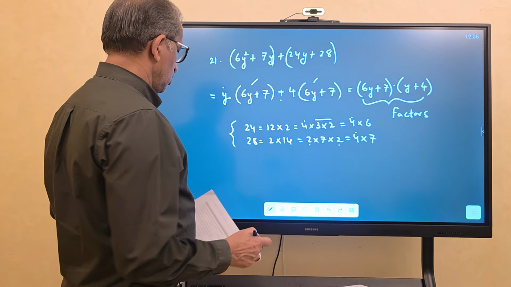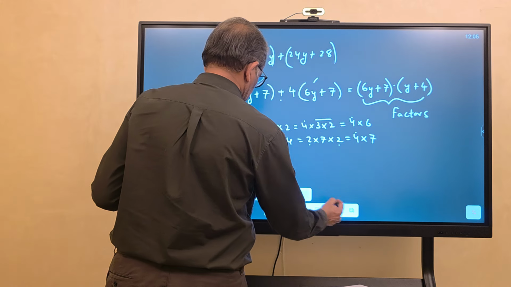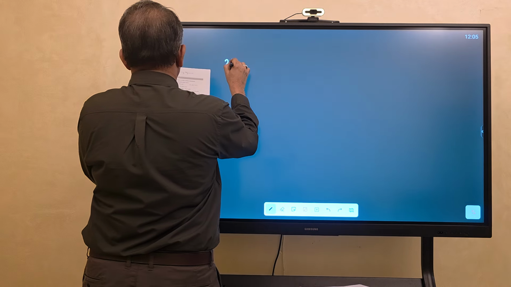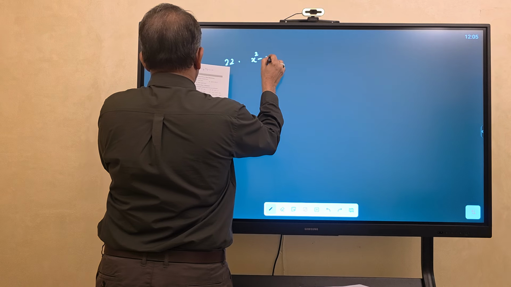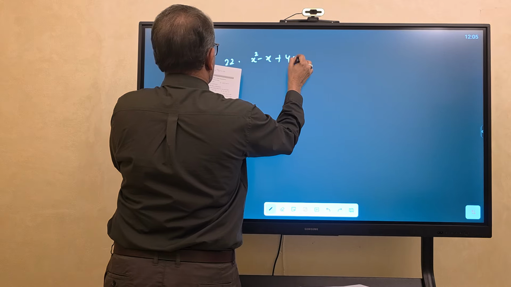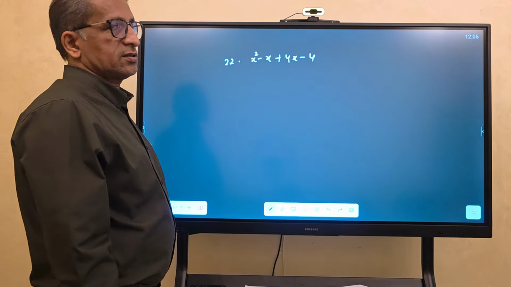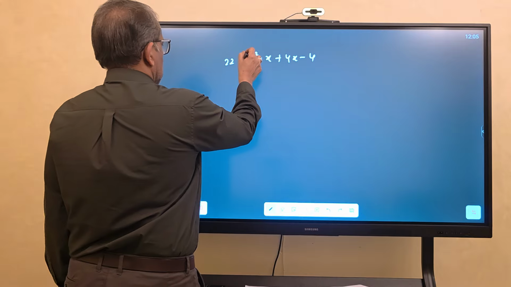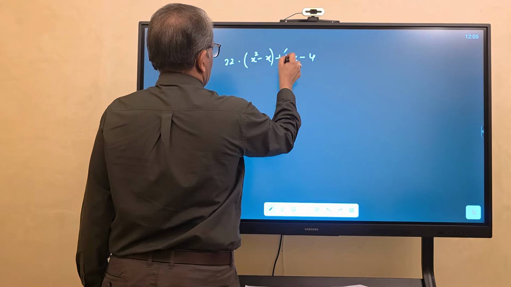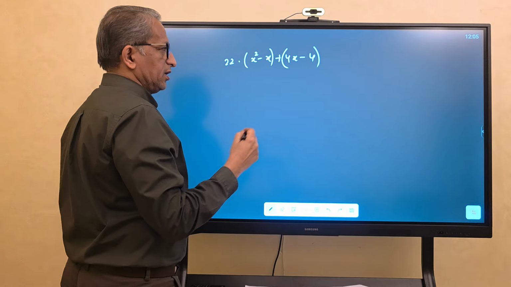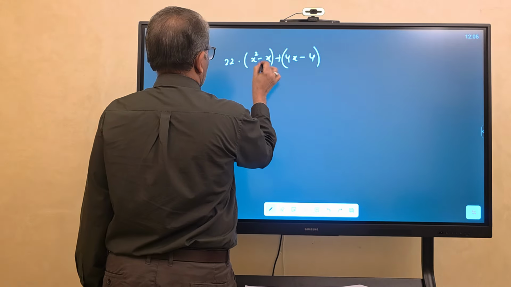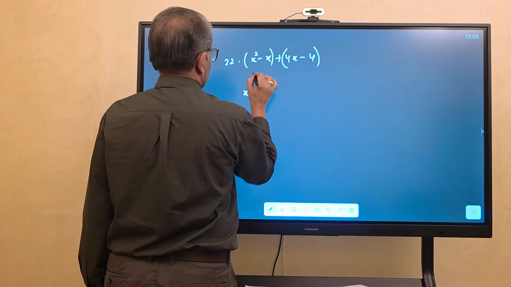Let's take 22: x square minus x plus 4x minus 4. Let us find the factors of this. I make a group of this and a group of this. What is common in the first two? X. What is inside?